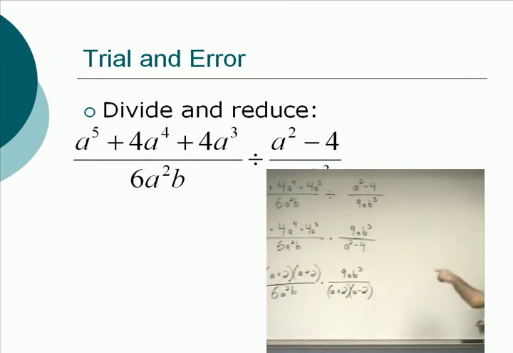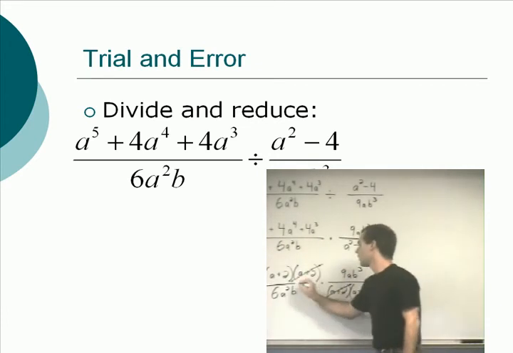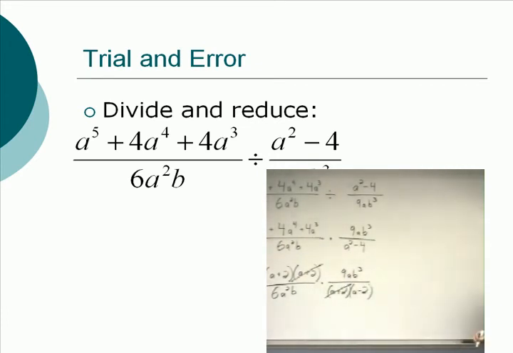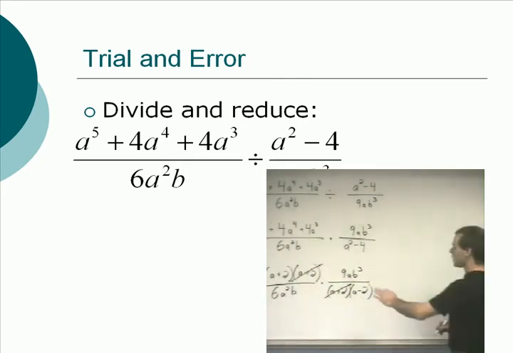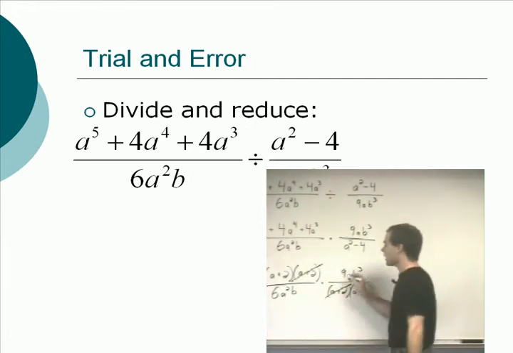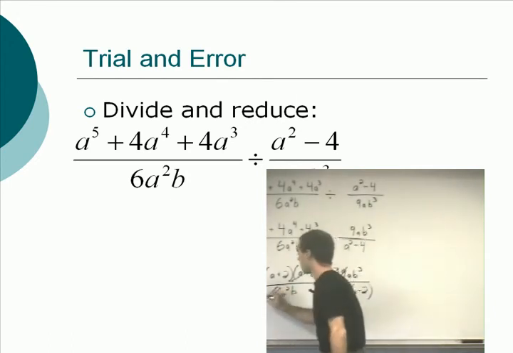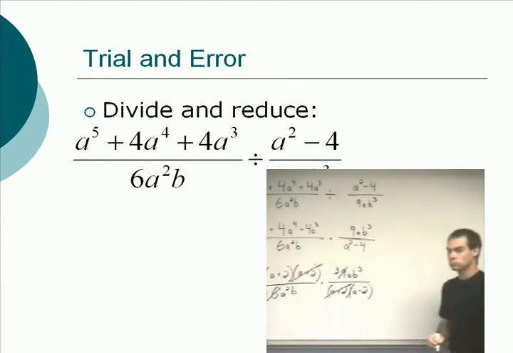So now let's cancel off. What do we have here? We can get rid of those. What else? We can pull out a 3 out of both of these, so that 9 and 6 will both reduce and become, if we divide them both by 3, 3 and 2. Now some a's.